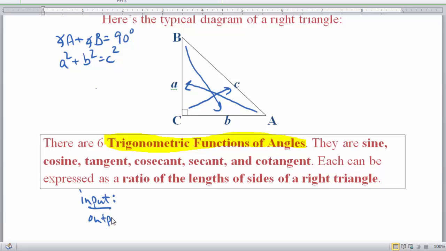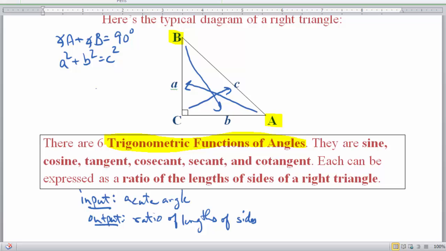In this case, the input is going to be an acute angle, because we're only dealing with the acute angles of the right triangle, angle A and angle B. So we can take the sine of angle A, or the cosine of angle B, or the secant of angle A, or the cotangent of angle B. The input is going to be an acute angle, and the output is going to be a real number that's a ratio of lengths of sides of the triangle.